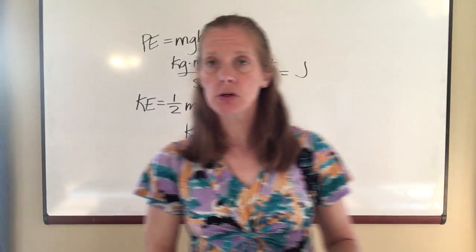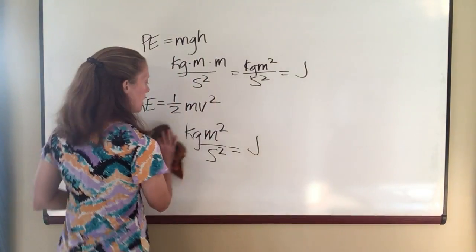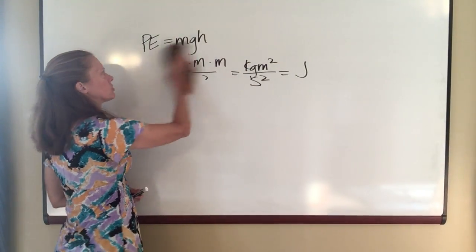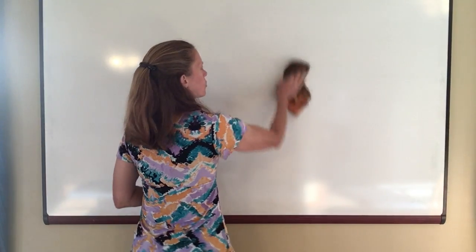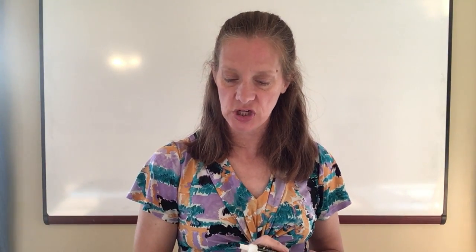Now, I am going to go ahead and work through example 8.3 for you so that you can see just a simple calculation of how these formulas work. Example 8.3 says a 6,675 newton car speeds down the highway at 37 meters per second, and it asks us what the kinetic energy is.